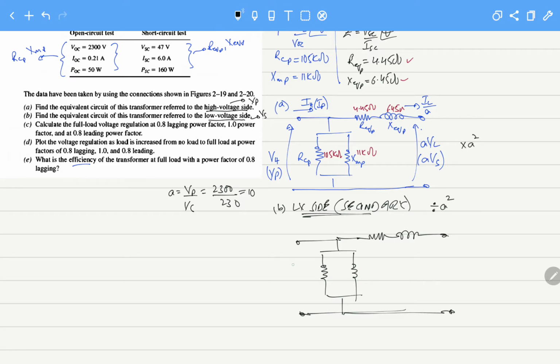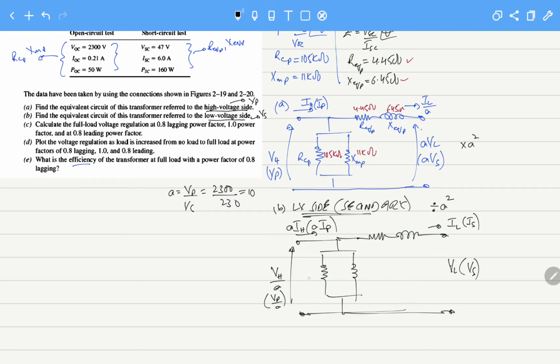so this is the circuit, and here it is referred to the secondary side. So the secondary voltage, that is the low side voltage, is here, and here the current is also the secondary current. But on the primary side, the voltage will be VH divided by A, that is VP divided by A, and the current will be A IH, that is A IP.